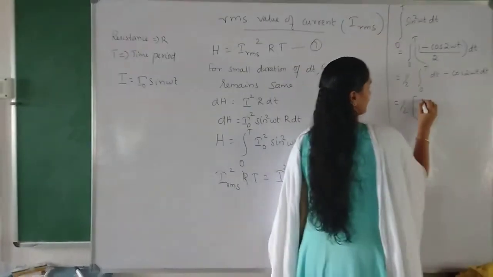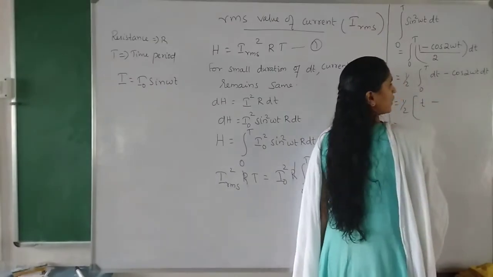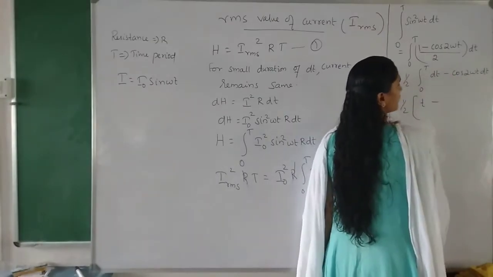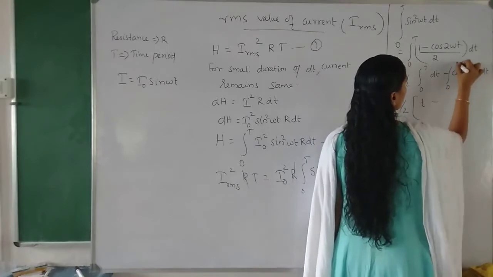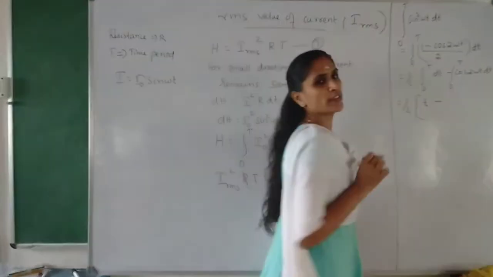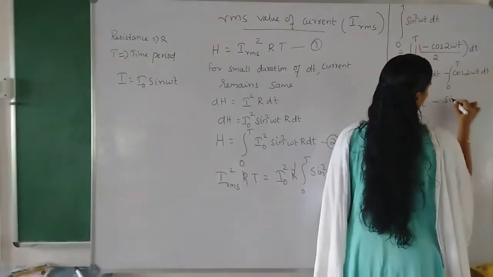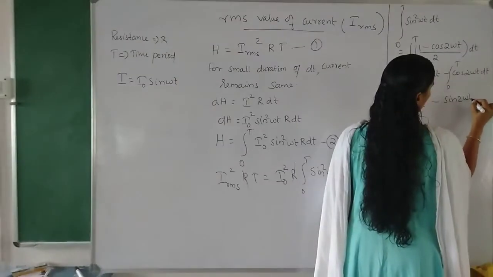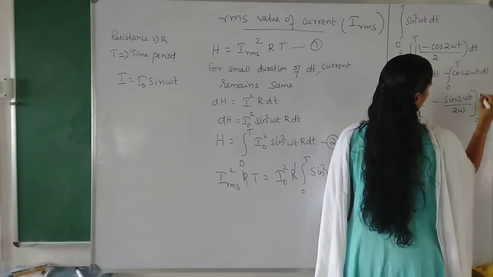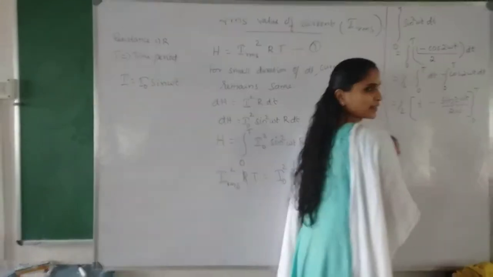If you integrate dt, you will get t. And if you integrate cos 2 omega t dt, what will you get? If you want, you can separate them also. If you integrate cos 2 omega t, you will get sin 2 omega t divided by 2 omega, between the limits 0 to T.